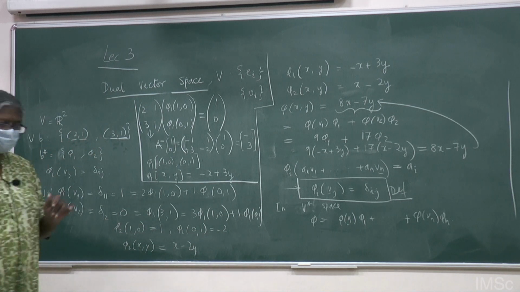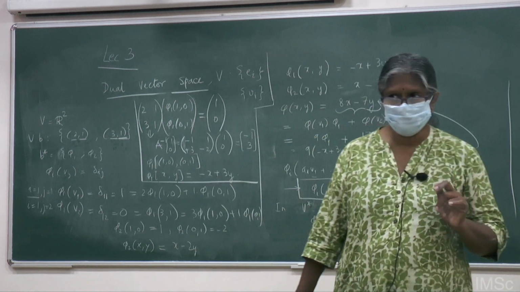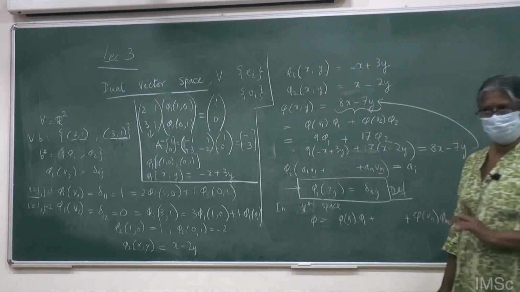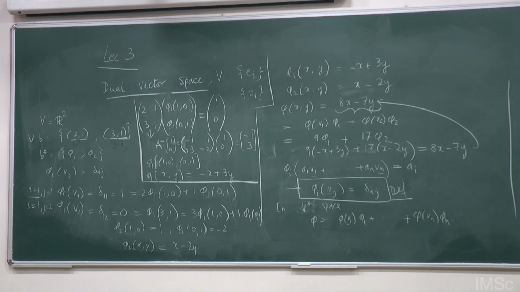So now you see that the dual space in some sense is tied to defining the dual basis, which is tied to this definition in terms of the original basis vectors. Okay, it's not independent. Actually you will find that this is not true of the dual, but that is for your further reading. I am not going to go there.